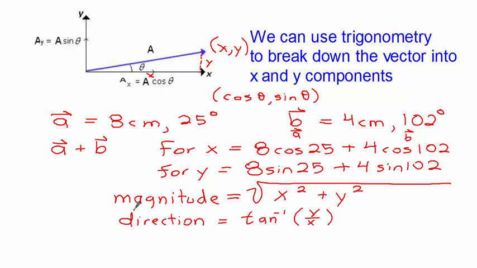In order to get the actual magnitude, we want to get back to the line that is at an angle. We're going to use the Pythagorean theorem, square root of x squared plus y squared. And for the direction, we need our final angle, and that's going to come from tangent. We're going to do tan negative 1 of y over x. So these are the steps that we take.